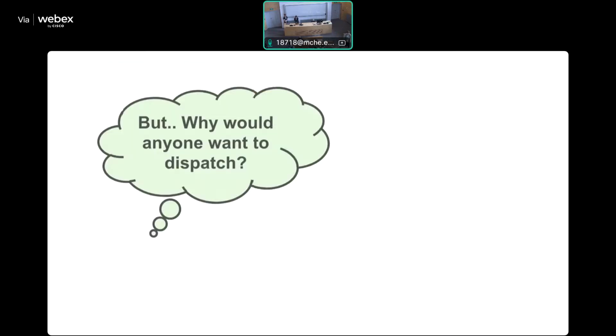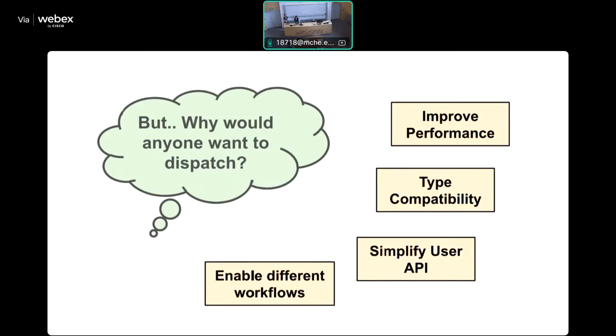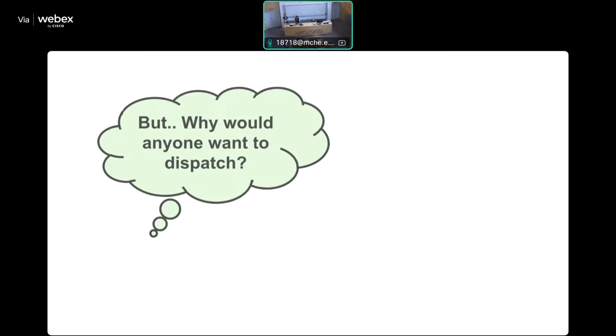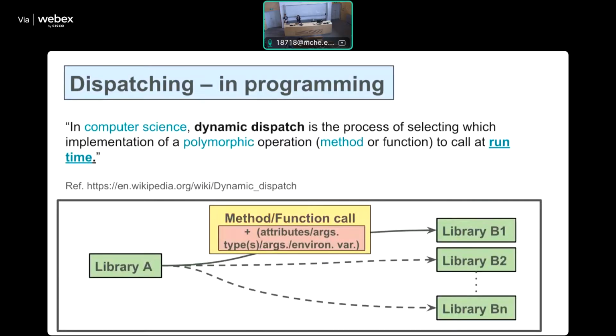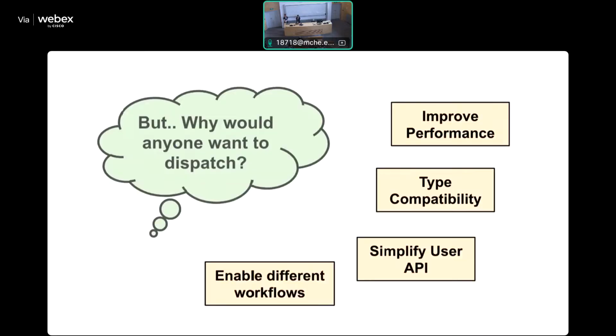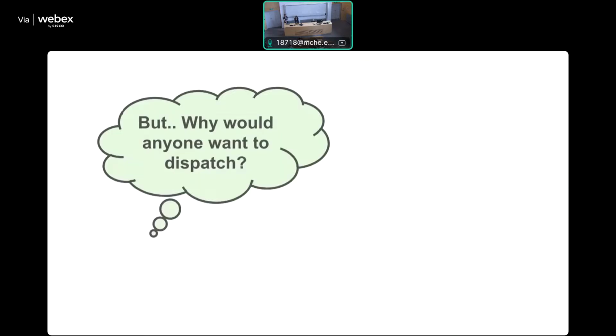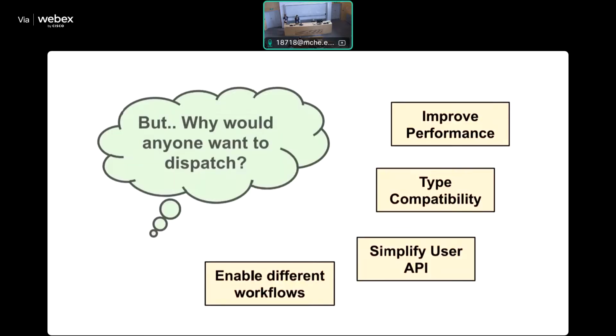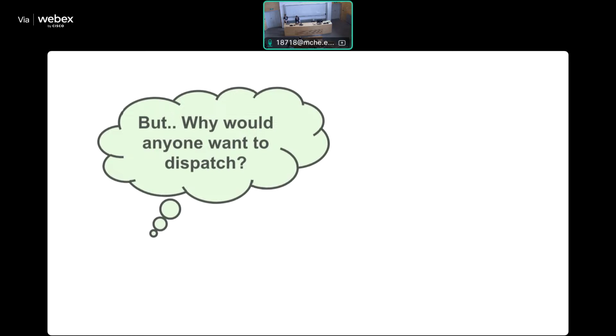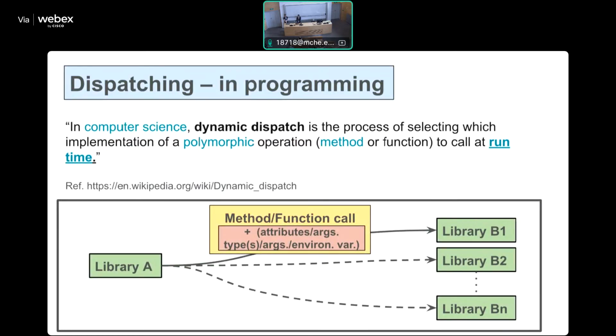But why do we do this? Maybe library B has a fast implementation of the same algorithm, or it supports another type. Or maybe its API is not that simple, but library A's API is simple. Or maybe library B1 is used in our ML workflow or HEP workflow.